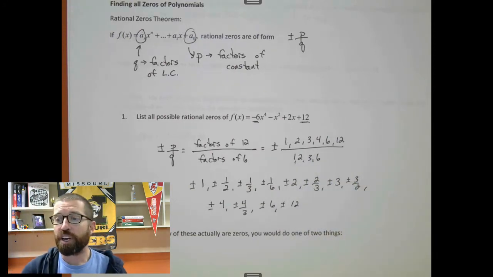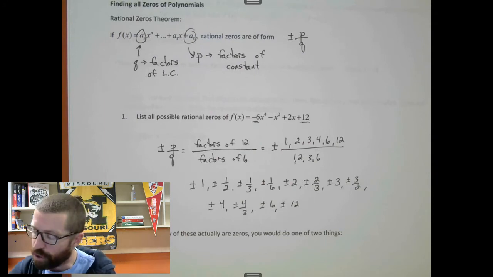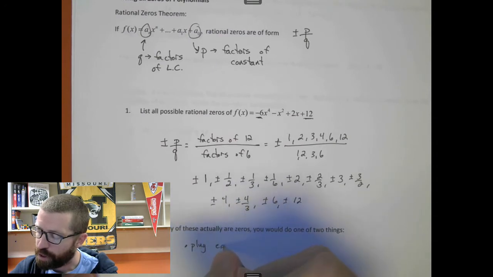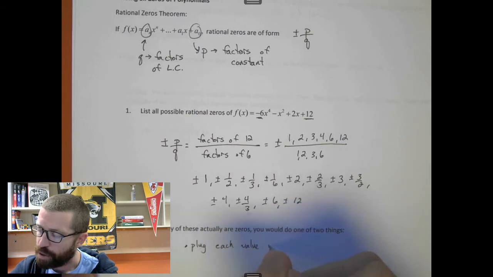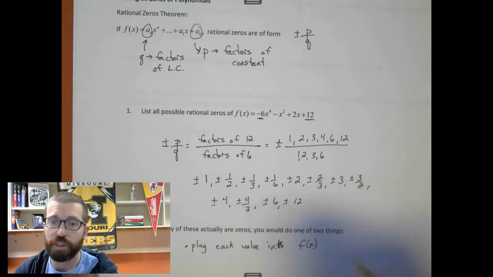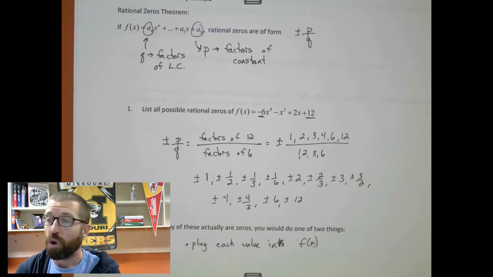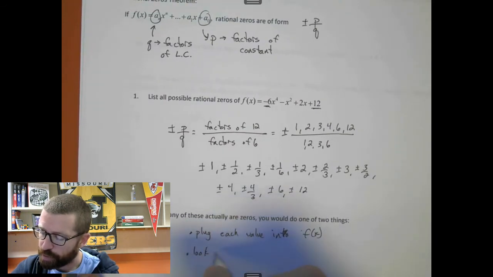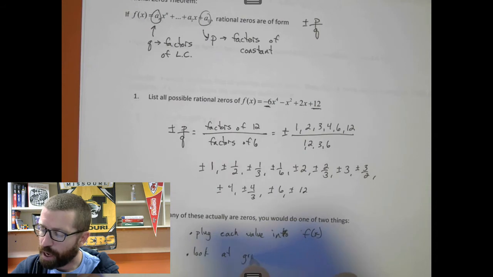Okay, so then to check if they're actually zeros, you can do one of two things. You can either just guess and plug each value into f of x and see if you get 0, or you can look at the graph. And this is what I would recommend.